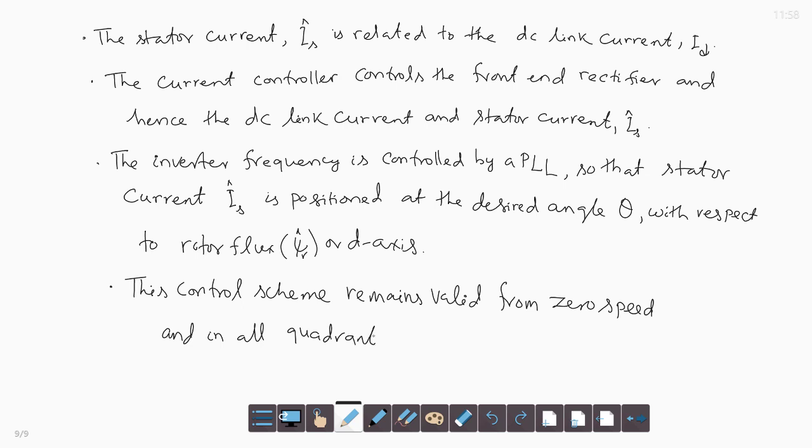So, this is a good feature of this vector control scheme, that it is valid from 0 speed to the highest speed, as also in all 4 quadrants the drive can be controlled. So, these are the salient features of the drive. Thank you for attention.